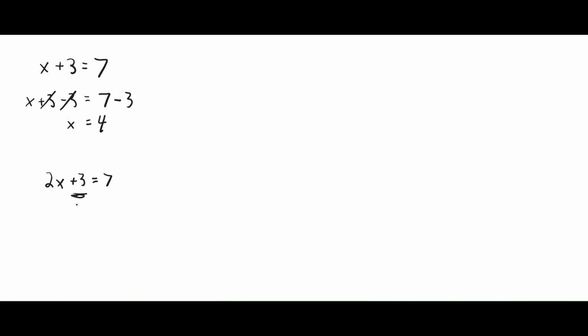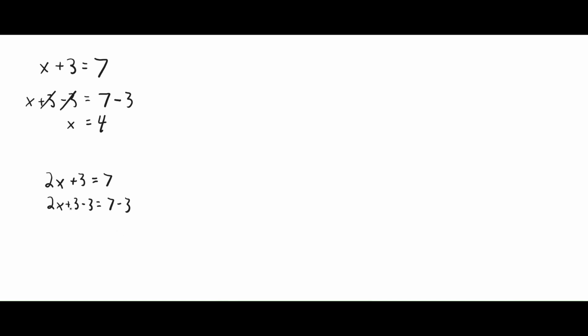So before we can try to manage any numbers that show up in front of this unknown number x, we first need to remove this 3 to the other side. So again, we'll subtract 3 from both sides. 2x plus 3 minus 3 equals 7 minus 3.